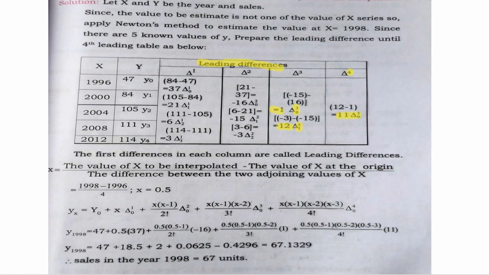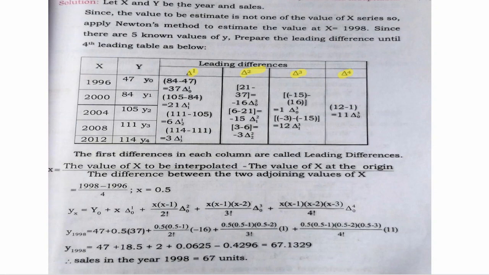So 11 is delta not to the power of 4. These are all the leading difference values for delta 1, delta 2, delta 3 and delta 4. By using all these values we will find out the sales for the year 1998.